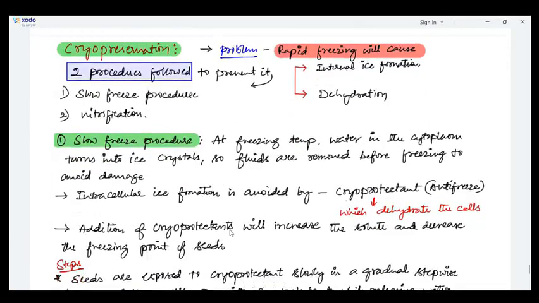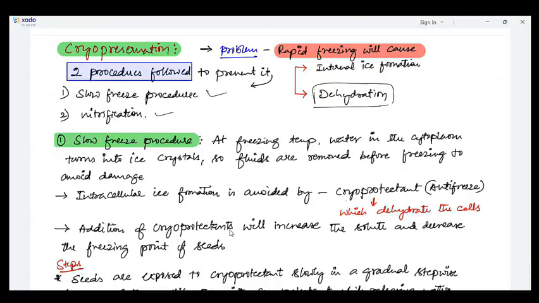Cryopreservation. There is one important technique called cryopreservation, where we follow two different methods. One method is called the slow freeze procedure, and the second method is called vitrification. The problem is rapid freezing. I told you, if there is a sudden drop in temperature, internal ice crystals will form, or dehydration will affect the seed cell membrane.